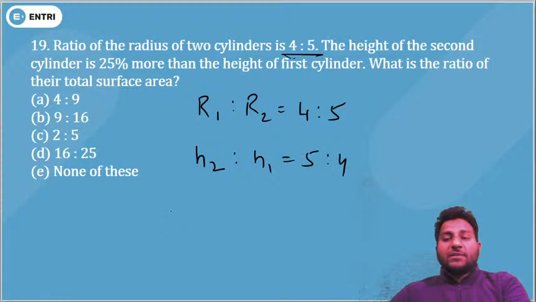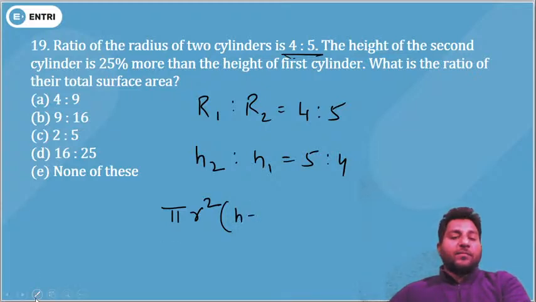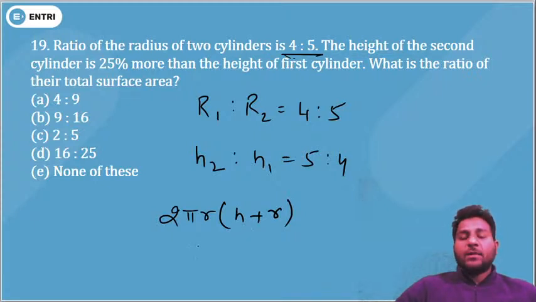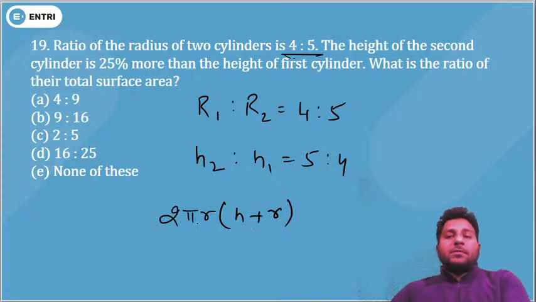So total surface area will be what? Total surface area would be 2 pi r h plus r. Okay, you know that? Now solve it.